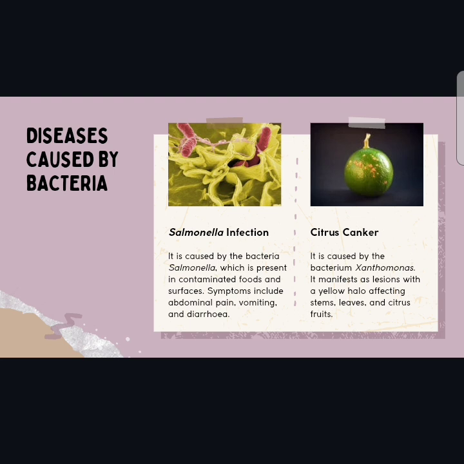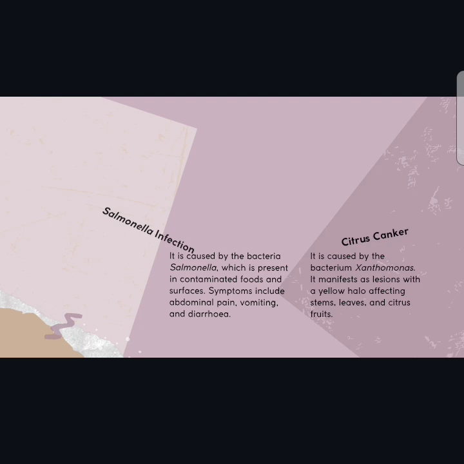Understanding bacterial diseases helps us take preventive measures, like washing our hands, cooking our food properly, and using proper agricultural care. We are able to keep our crops safe from these kinds of pathogen attacks. And next we will explore the next pathogen, that is known as virus.